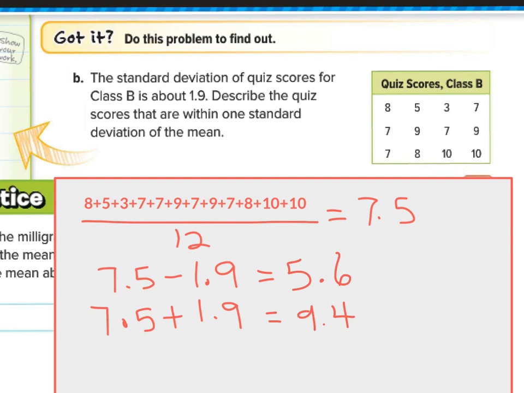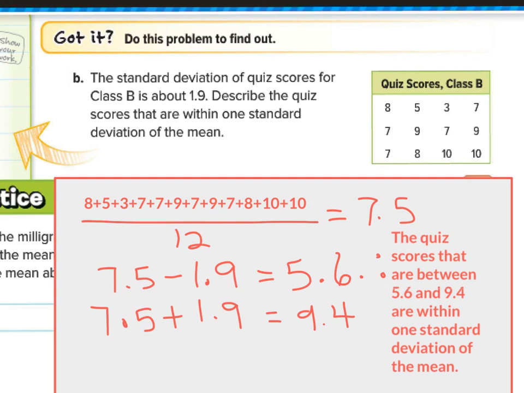So what do we have? Therefore, it looks like the quiz scores that are between 5.6 and 9.4 are within one standard deviation of the mean. Again, let me write that down for you. The quiz scores that are between 5.6 and 9.4 are within one standard deviation of the mean.